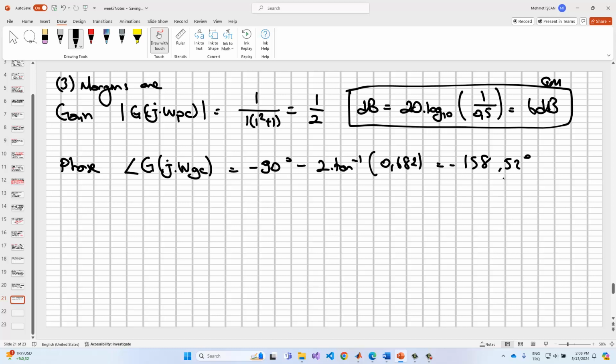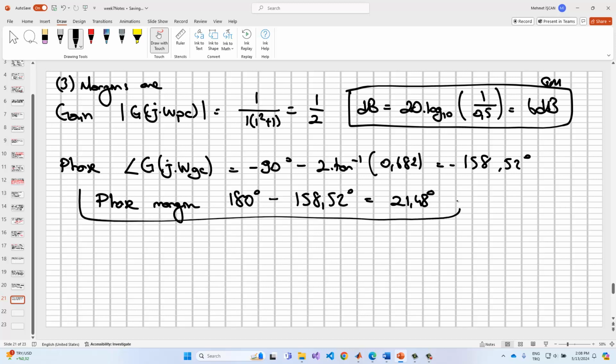And so for the phase margin we need to calculate 180 degrees minus this term, which equals 21.48 degrees at the phase margin.